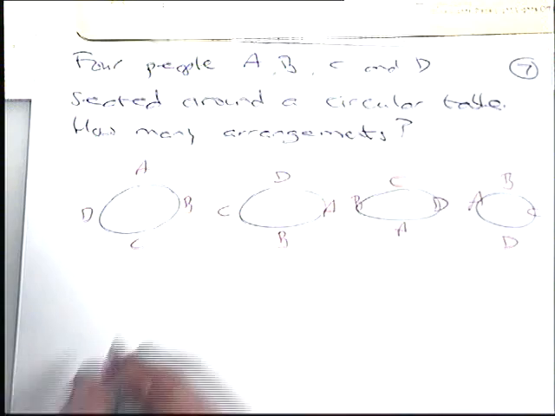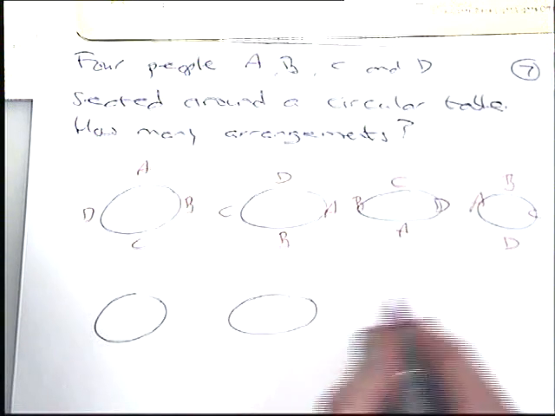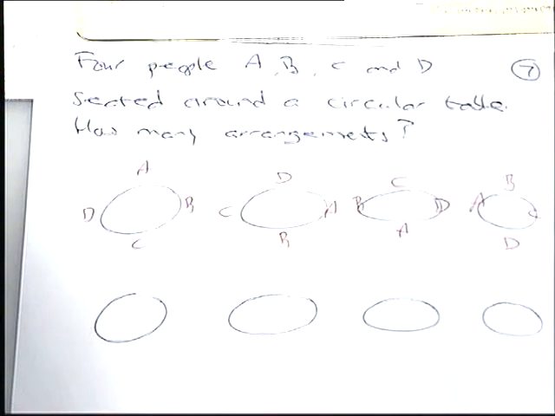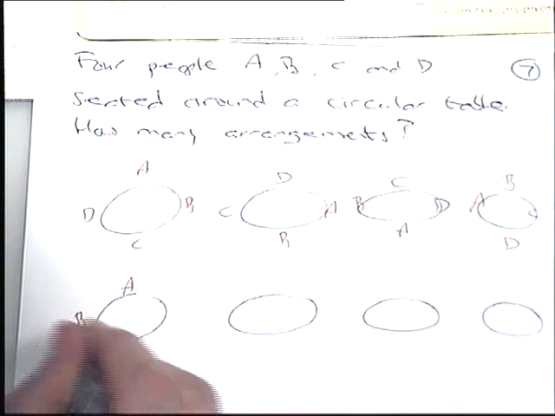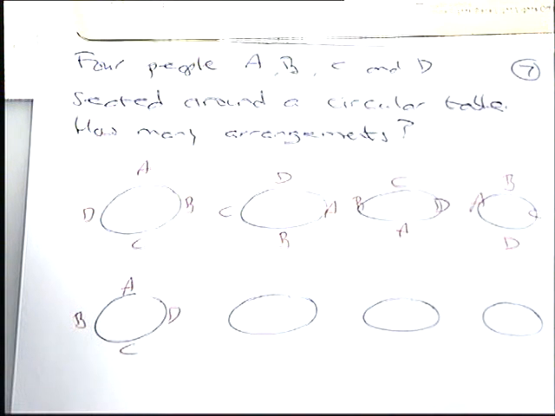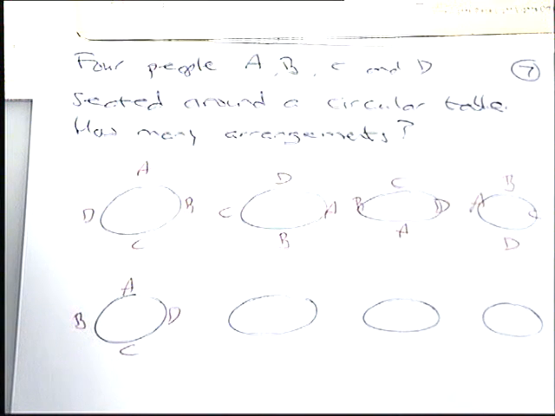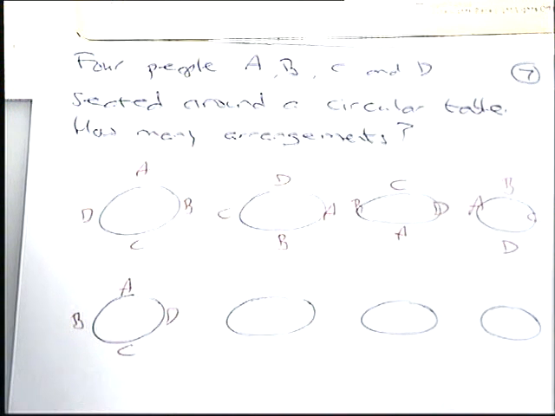And while we're at it, what about this one? Actually, it's different. D is opposite B and has A on one side and C on the other side. B is in a different place. They are on different sides.